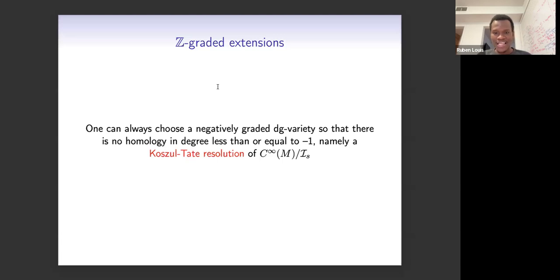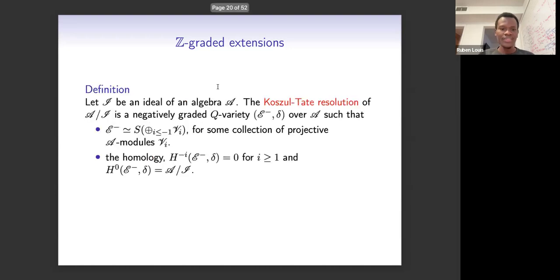Koszul-Tate resolution. Now the question is: if you take a Koszul-Tate resolution for the negative part, how do you relate this negative part and the positive part together? Let me recall what a Koszul-Tate resolution of an ideal, of a quotient, is.